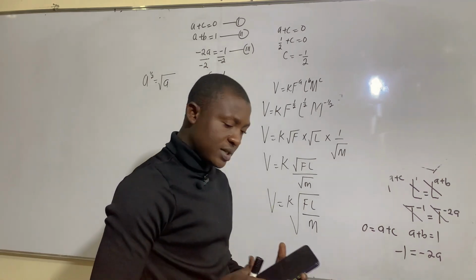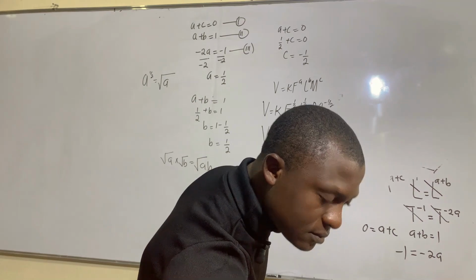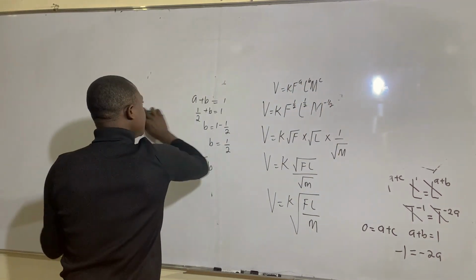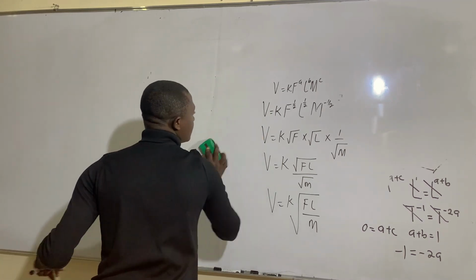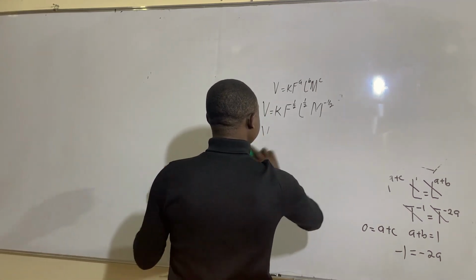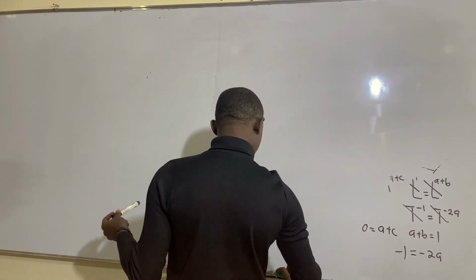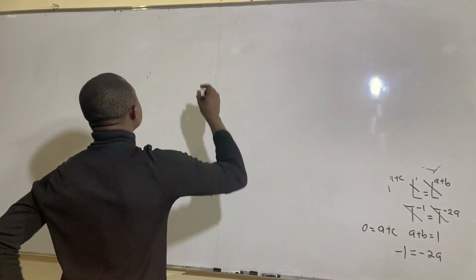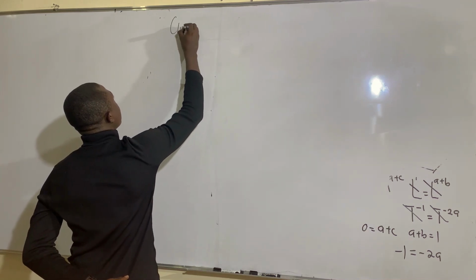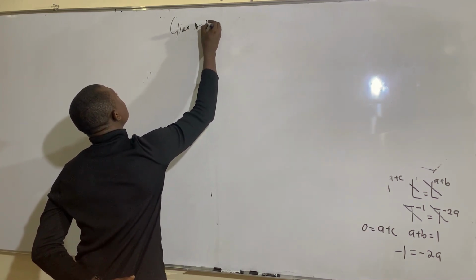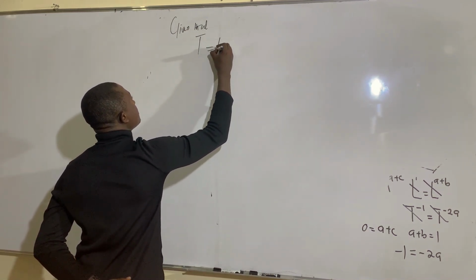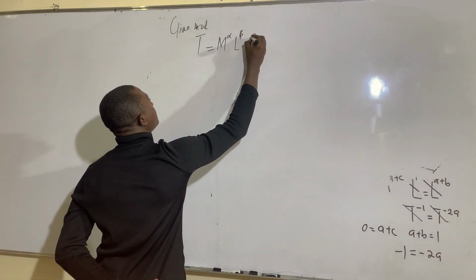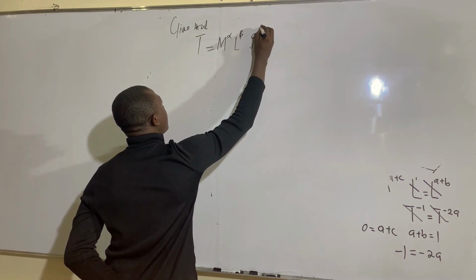Let me just shorten it so that it will save time. Okay, let me just derive equations. Let me just say given that T is equal to M raised to the power of alpha, L raised to the power of beta, and G raised to the power of gamma.